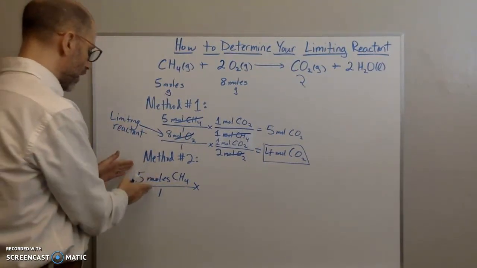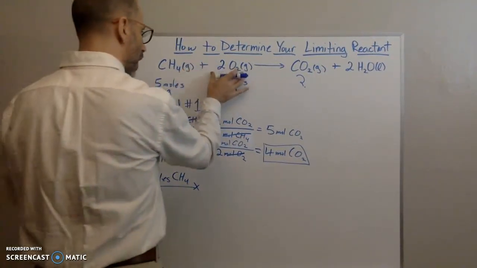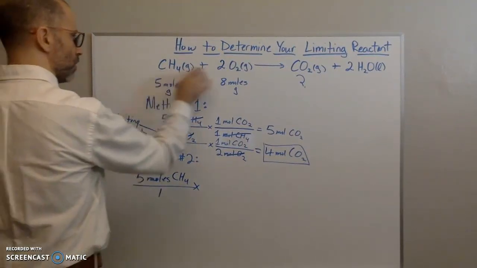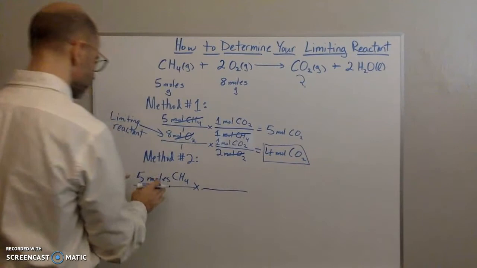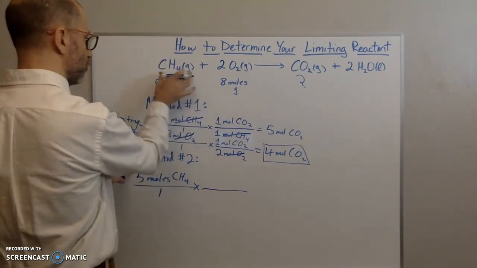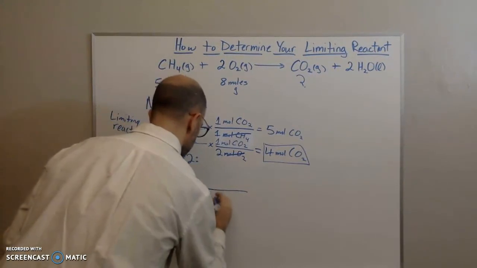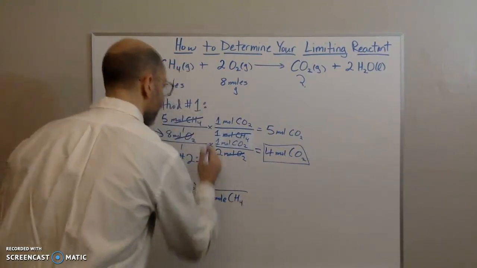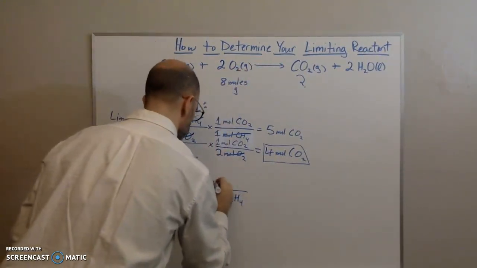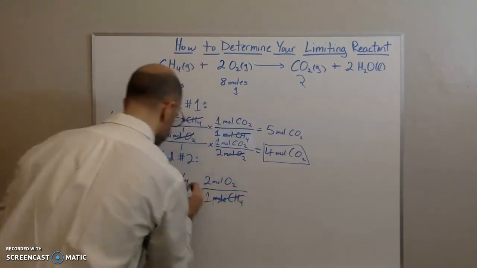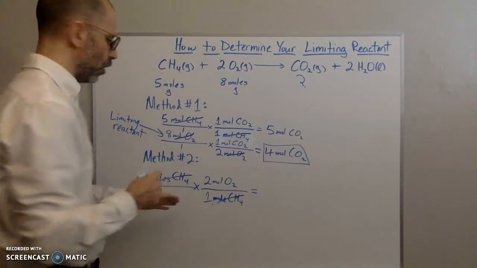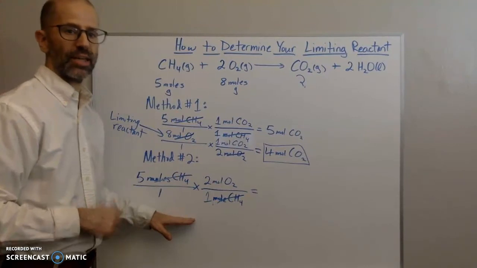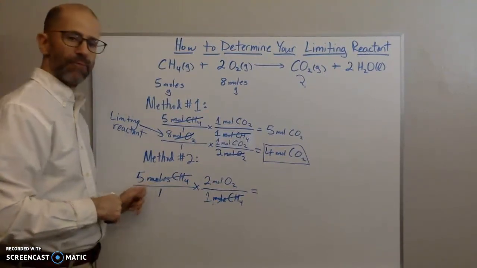So if this is what I have, I'm going to figure out how much oxygen I need to react completely with the methane. And I'm going to use my mole ratio here. So 5 moles of methane, with 1 mole of CH4 on the bottom, and then 2 moles of oxygen, 2 moles of O2, so moles of methane cancel out, and now I can calculate the exact amount of moles of oxygen I need to react completely with my 5 moles of methane.